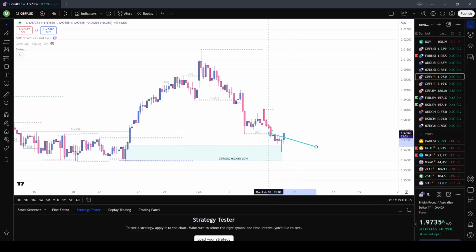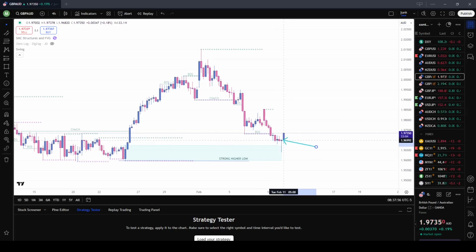Right now, like I said, it'll be aggressive because this was a strong impulsive move, and this also was an impulsive move, a continuation impulsive move that continued to break structure.